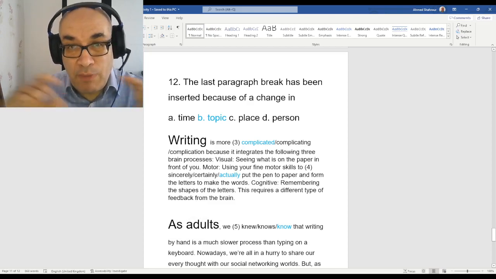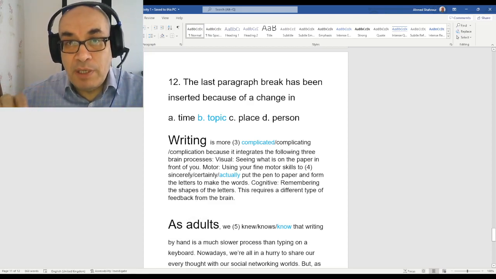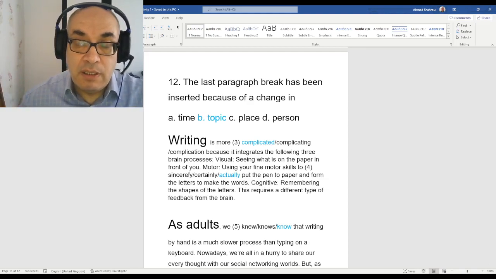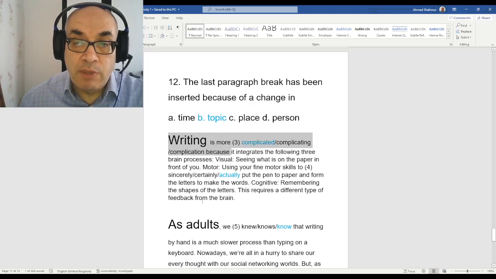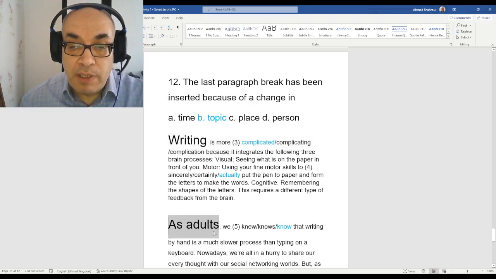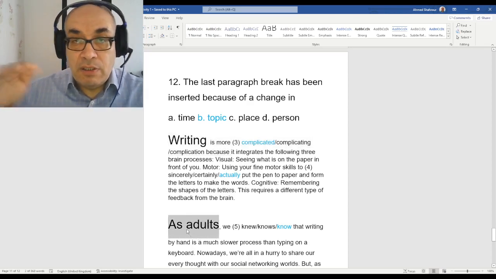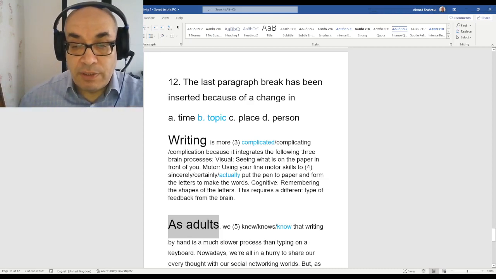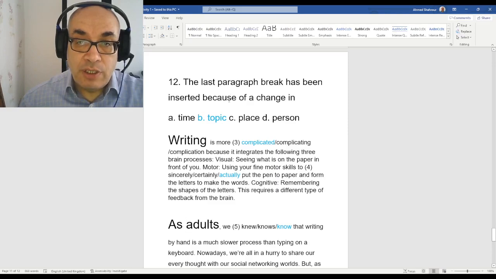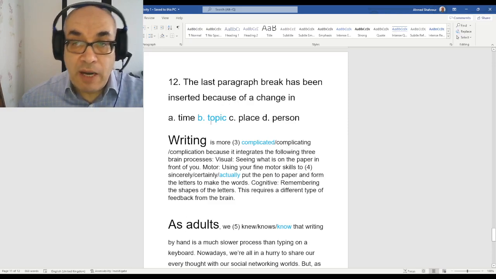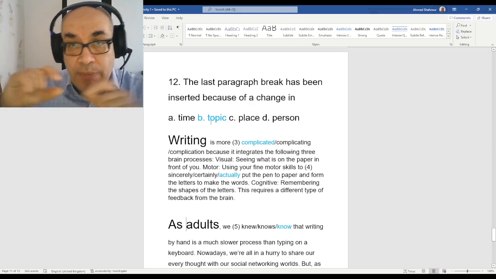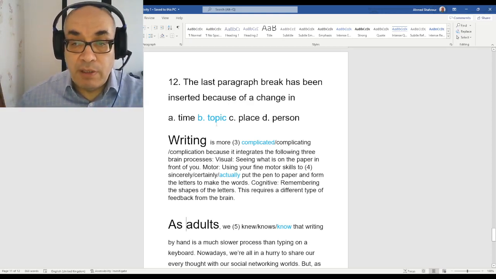So as I said, most of the time the first sentence in a paragraph is the most important sentence. So I can tell, for example, in this paragraph I'm talking about writing, in this paragraph I'm talking about adults, so the topic is different, and that's why we have a change in the topic. And when you have a change in the topic, you have this break or spacing, if you want, between the 2 paragraphs.